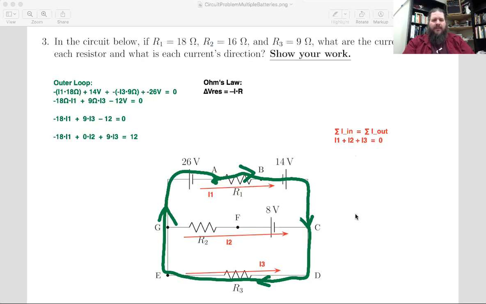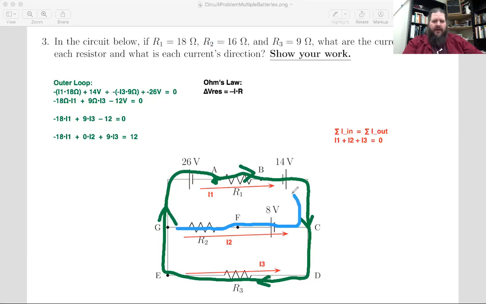What else do we still need, though? How can we get one more equation that links these together? You can make a loop using R2 and the battery that's 8 volts. Yeah, if we use maybe this path. Do you want to use the upper loop or lower loop here? Upper.